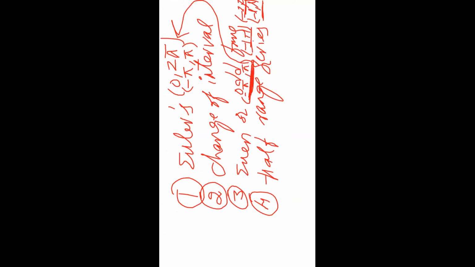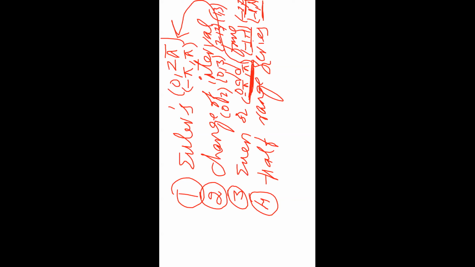So how to identify the method change of interval? Among the limits 0 to 2 pi, minus pi to pi, minus L to L, minus 1 to 1, minus 2 to 2, all the remaining limits go to change of interval. Like 0 to 2, 0 to 3, 2 to 3, 1 to 3.